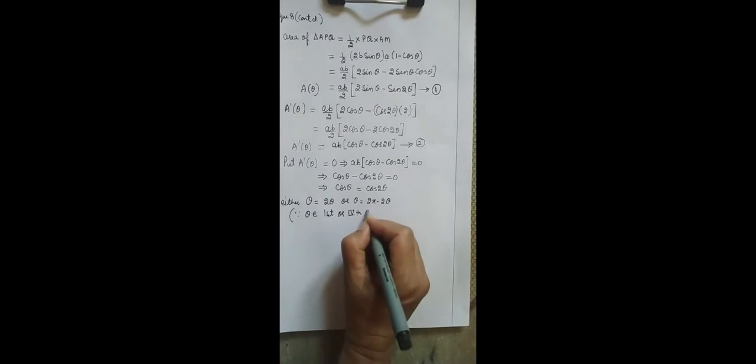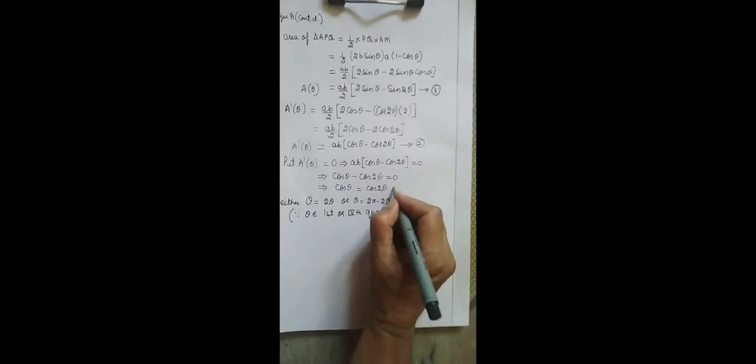That is, theta must belong to first or fourth quadrant. So if it is in first quadrant, it will be simply theta equal to 2 theta, and if it is in fourth quadrant, it will be 2 pi minus 2 theta. That is, I may write it as cos 2 theta or cos 360 minus 2 theta. This can be the value and this can be the value.